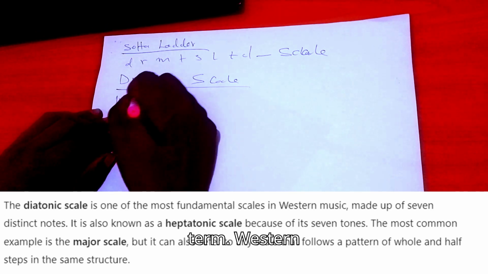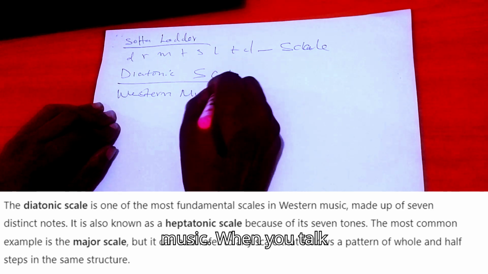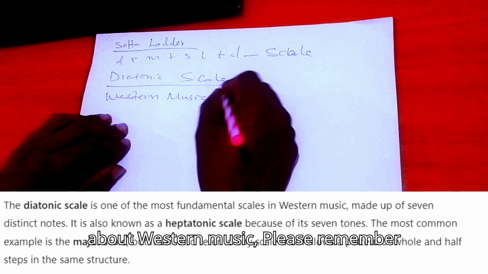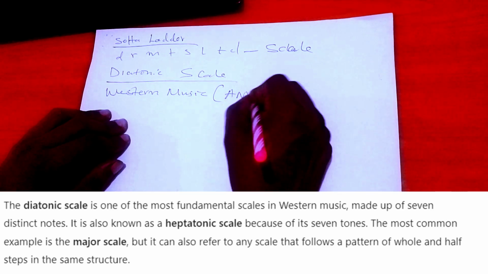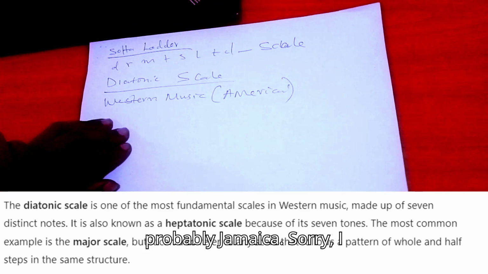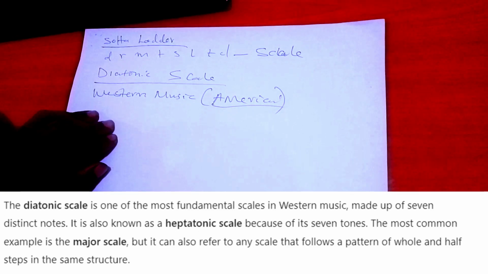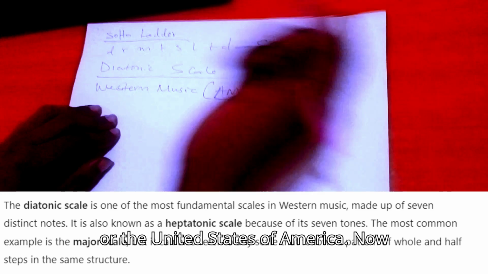Underline the term Western music. When you talk about Western music, please remember the continent of America and probably Jamaica. Sorry, I might be wrong, but just remember America or the United States of America.